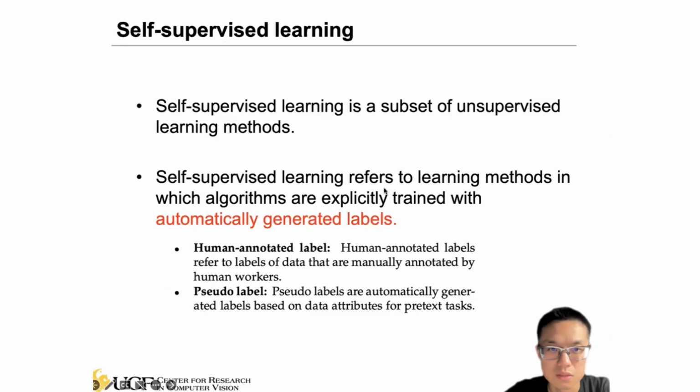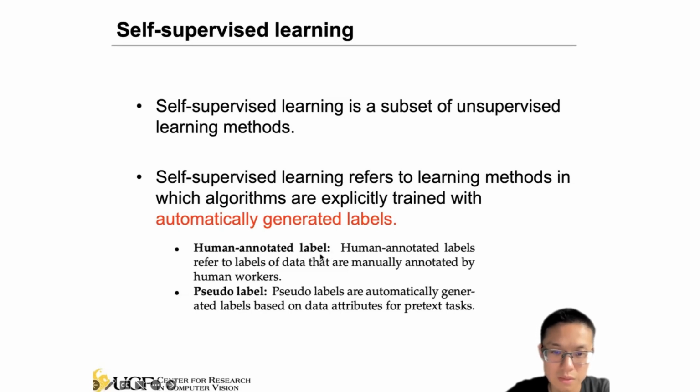And self-supervised learning is a subset of unsupervised learning methods. So it refers to learning methods in which algorithms are explicitly trained with automatically generated labels. Okay, so here we want to define or differentiate two types of labels. One is the human annotated label, right?